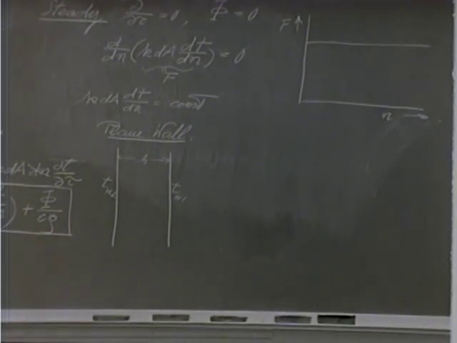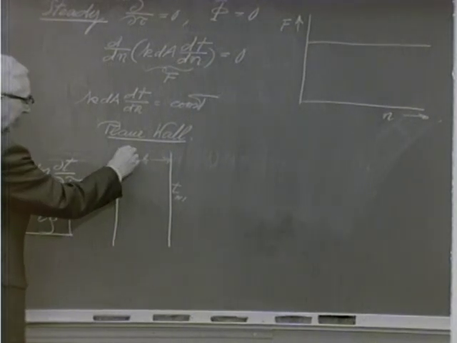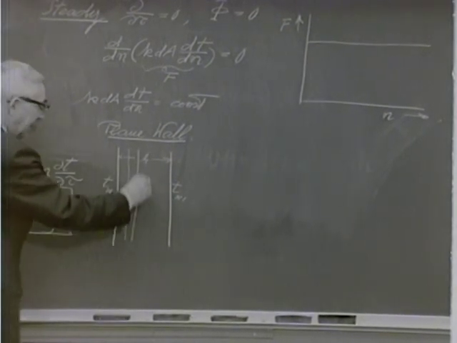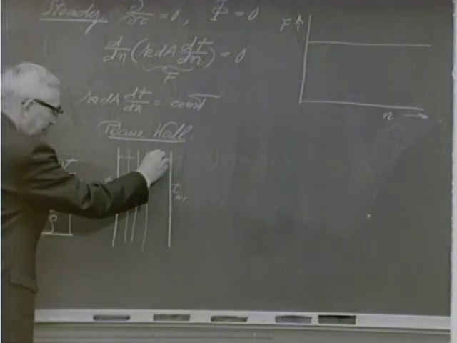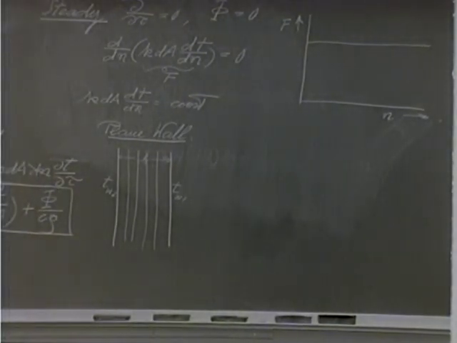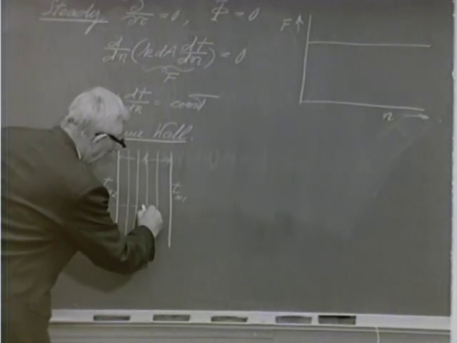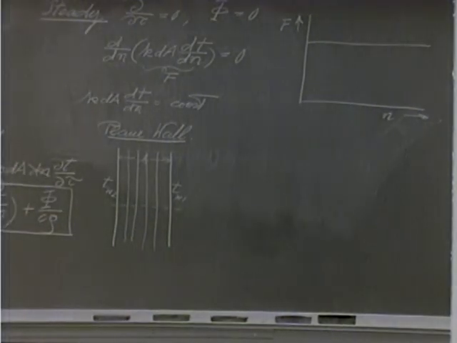Okay, then the next thing is to ask, what shape do the isothermal surfaces have? What shape do the heat flow lines have? Obviously here, as we have already discussed before, the isothermal surfaces are just planes parallel to the surfaces of the slab. And the heat flow lines, since they are normal, must be just normal to the surfaces again.